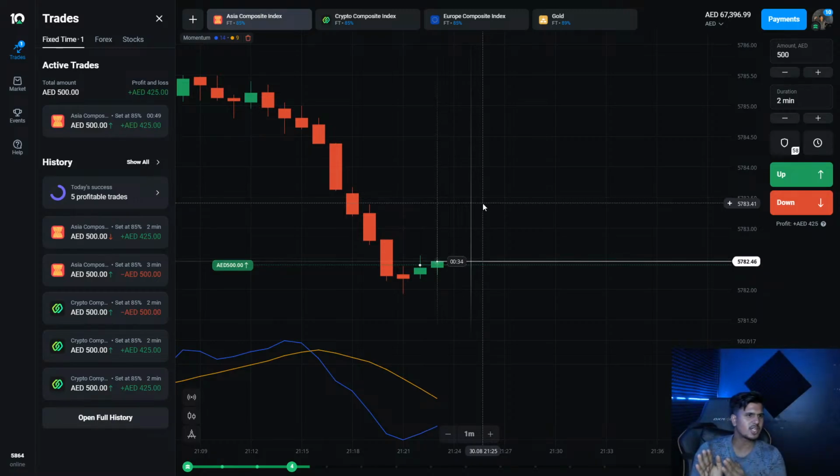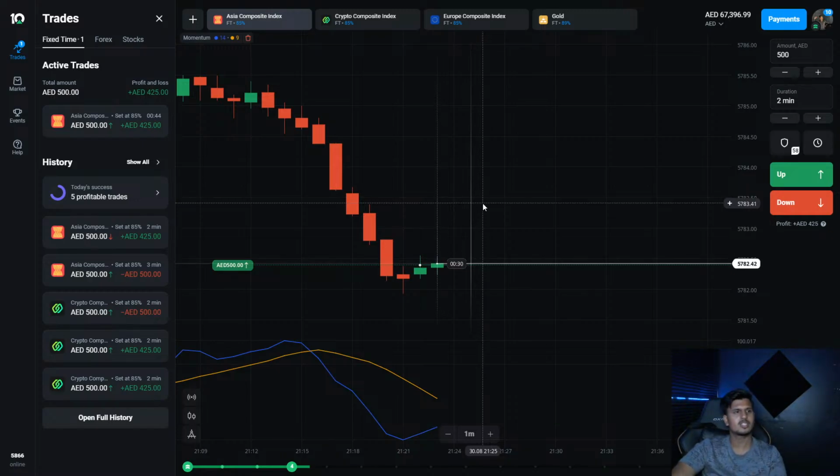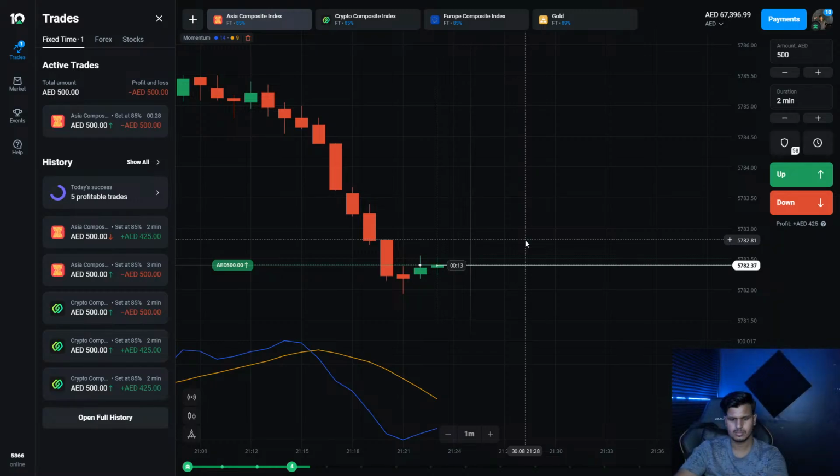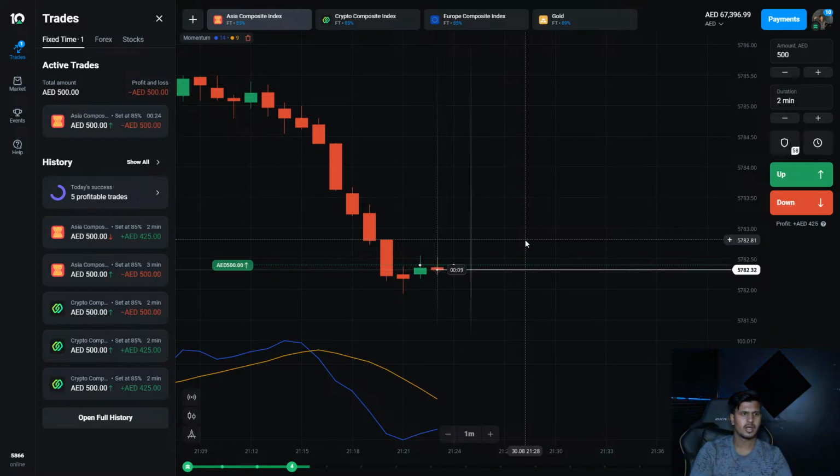So guys, only 50 seconds remaining. Now our trade has become profitable. It looks like that. So let's wait for the 44 seconds. And only 24 seconds remaining, guys.